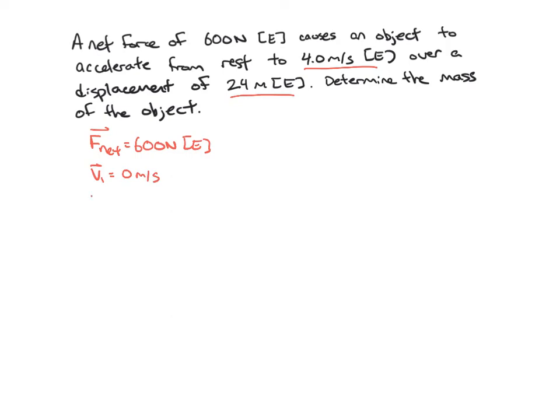I've got the final velocity of 4 meters per second east. And I've got the displacement of 24 meters east. Okay, so I'm given all of that. My goal is to find the mass. Okay, it says determine the mass.